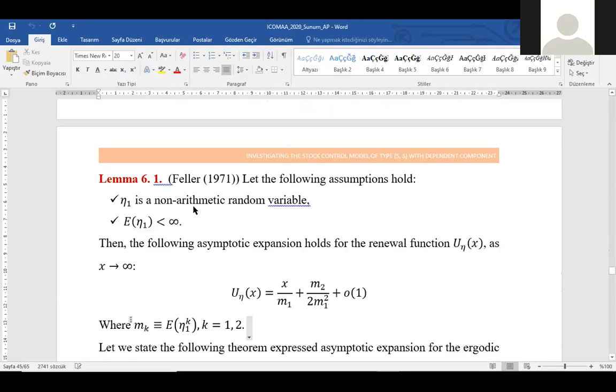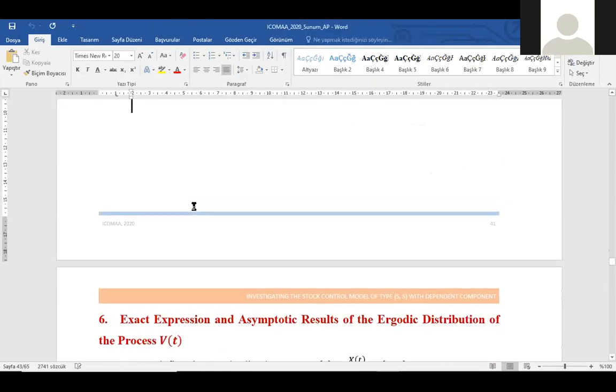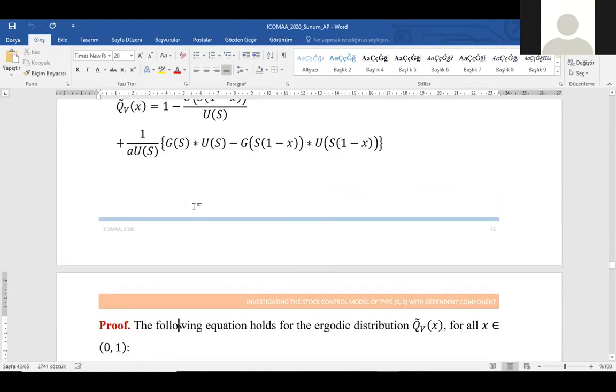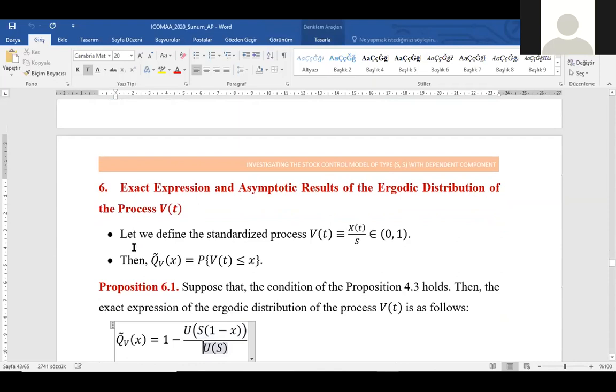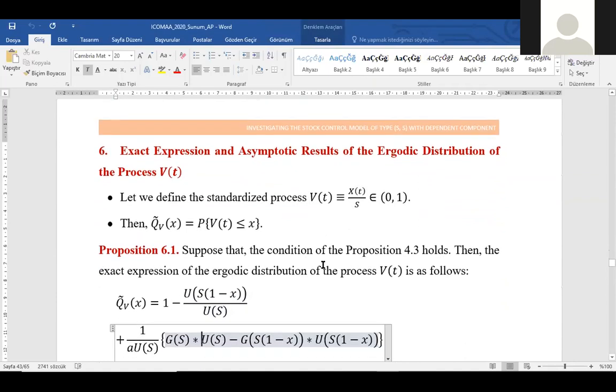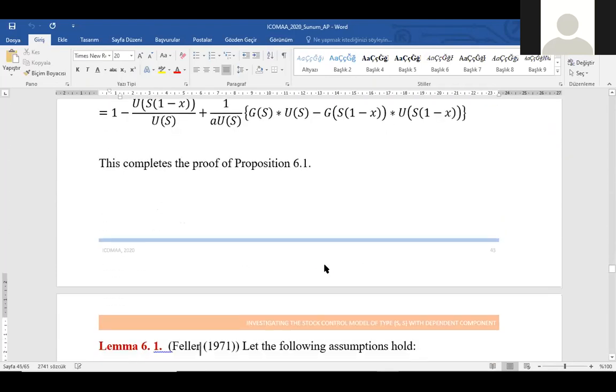Then we have proved the weak convergence of the process xt. For this, we firstly defined the standardized process vt and show its weak convergence. Here I show you.